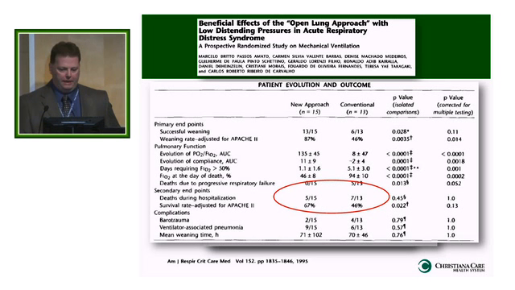If you look at peak and plateau pressures, the new approach had lower peak and plateau pressures than the conventional group. And the oxygenation was much, much better in that open lung approach. That's why the circle's there, because they found a significant difference in mortality.